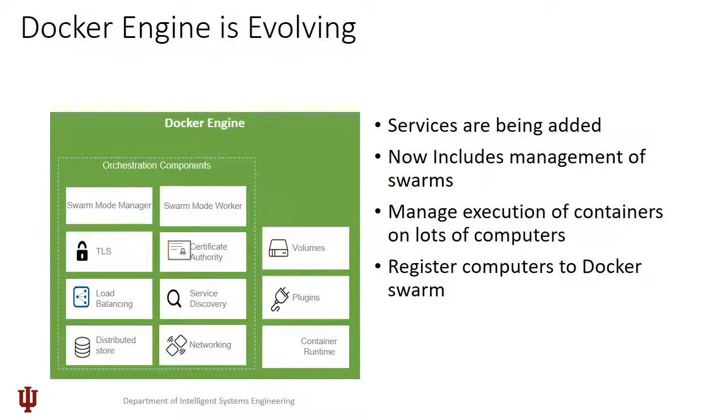Volumes and plugins and container runtime are also integrated to enable basic functionality. So we will see most likely more services being added to this, but I believe these services will be staying relatively lean.